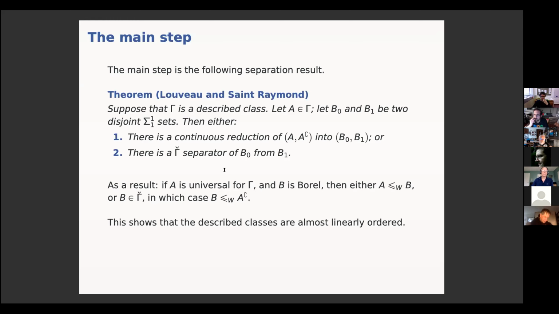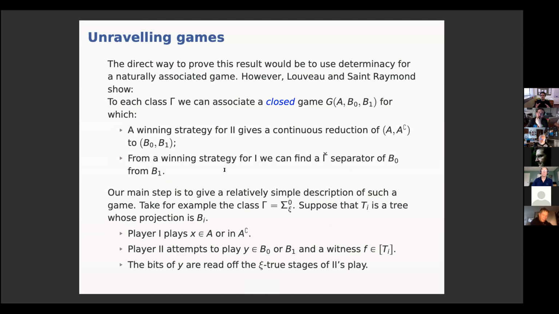And you can write down the game again, but if these sets, A and B0 and B1, are complicated and B0 and B1 are not even Borel, then it's not clear what the complexity of the game is. So the idea is to replace the game by a closed game, which is a more complicated game with simpler payoff sets, in particular a closed payoff set.